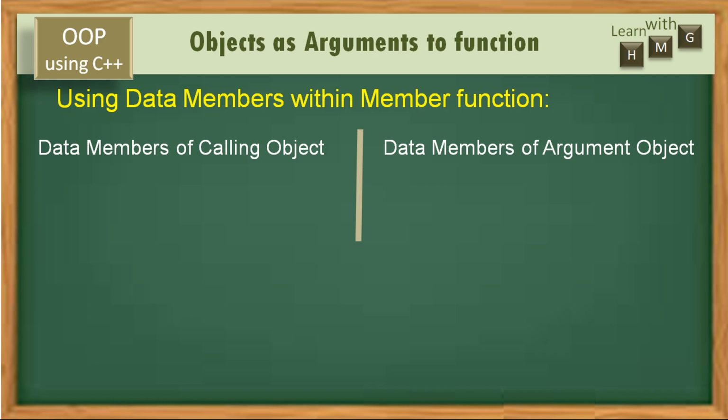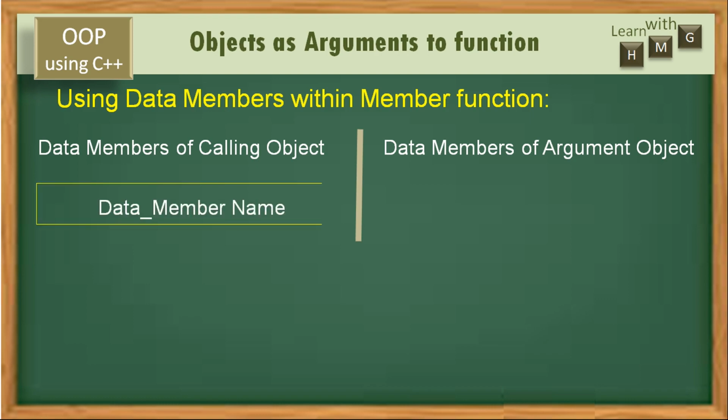There should not be conflict between the data members of the calling object and the data members of the argument object. In order to differentiate between these two, the way of using data members is like this. Whenever you want to use the data member of the calling object, then directly use the data member.